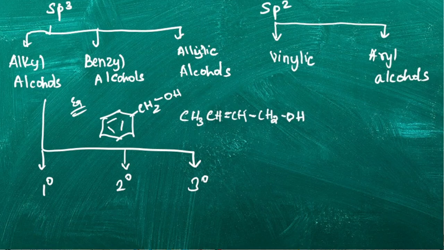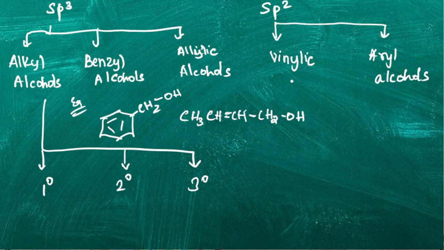Here, if you look, the double bond is attached to the carbon, CH. But the next carbon is completely sp3 hybridized because it has single bonds all over it. So the OH is not directly attached but indirectly attached. Then it is called an allylic alcohol.